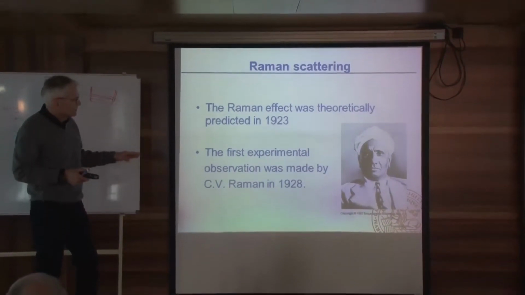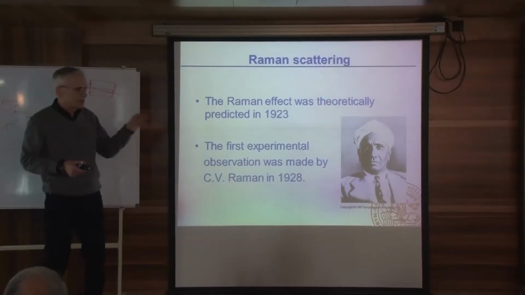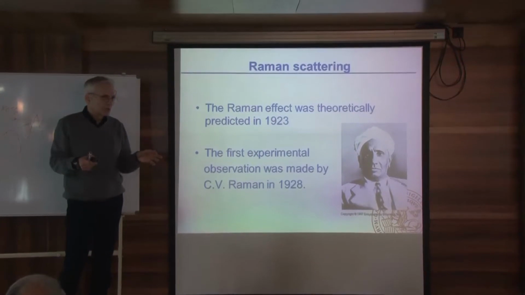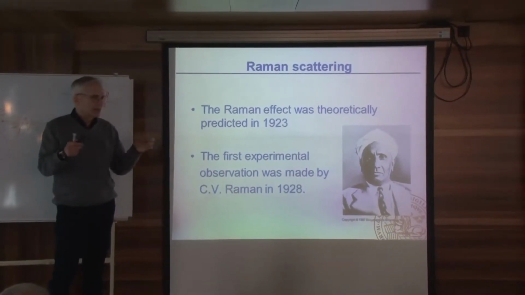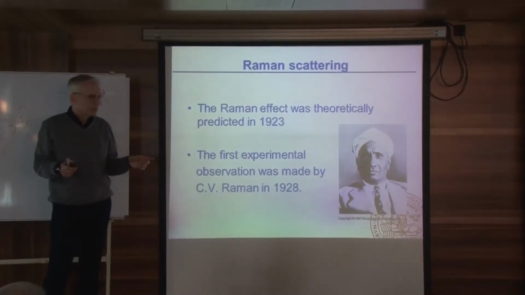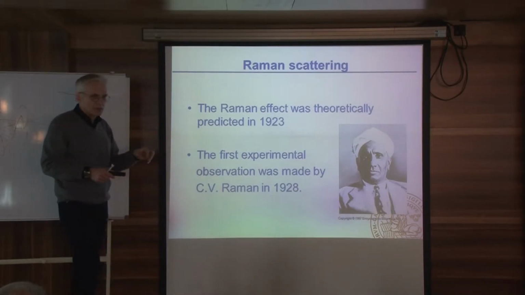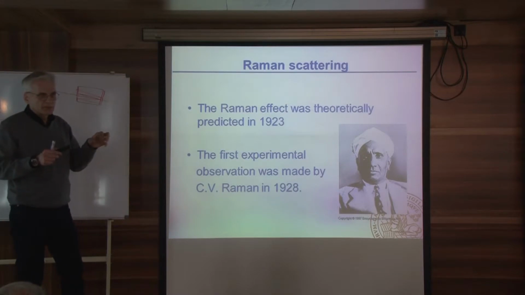What he discovered was that when you illuminate a gas sample, of course you get Rayleigh scattering, but you also get scattering at other wavelengths. And that was the Raman signal. And these signals are different at different wavelengths, depending on what species you have.